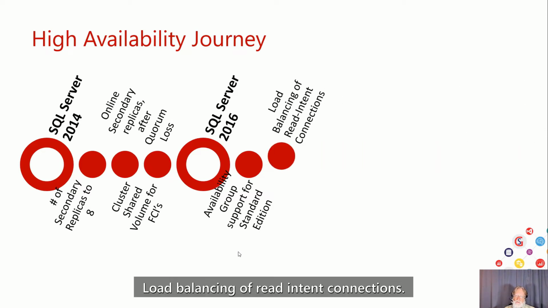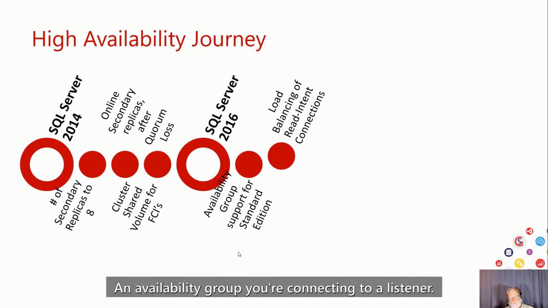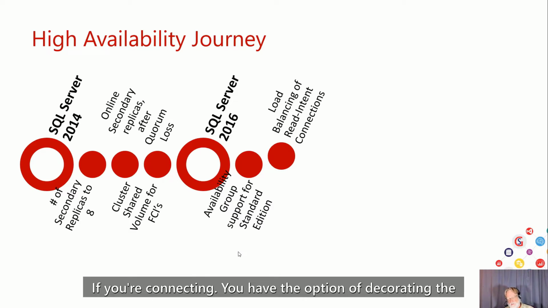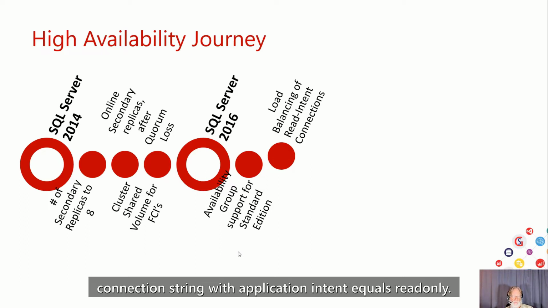Load balancing of read intent connections. When you make a connection into an availability group, you're connecting to a listener. A listener is an IP address that moves to whichever node has the primary role. If you're connecting, you have the option of decorating the connection string with application intent equals read-only.